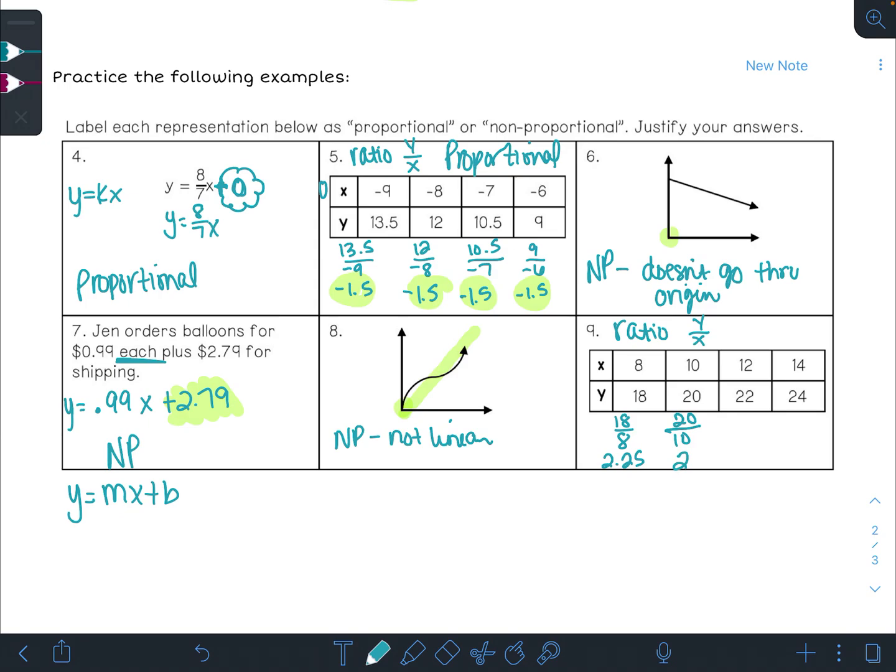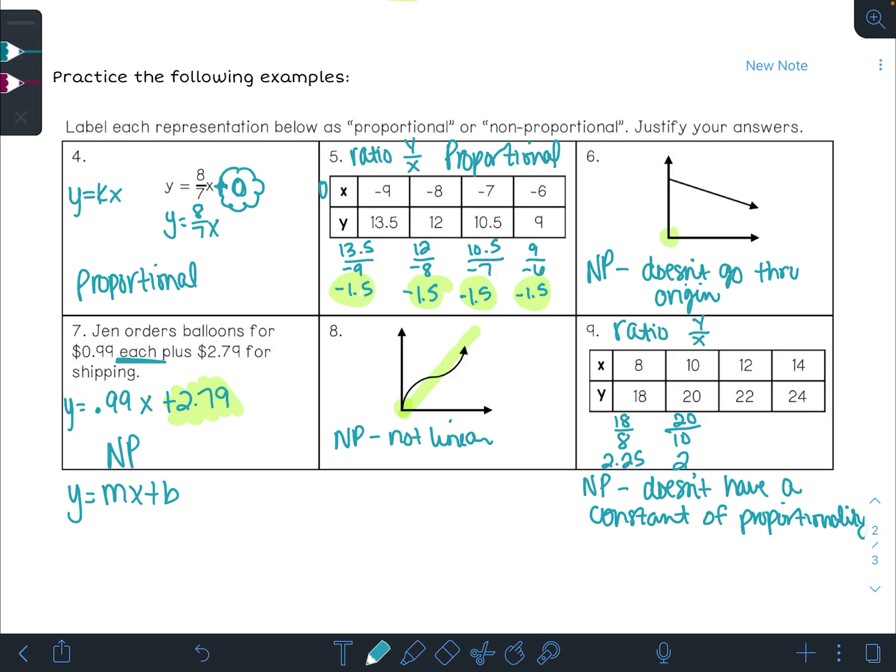It doesn't have that constant ratio. So I don't even have to continue because I know that it is going to be non-proportional because it does not have a constant of proportionality or a constant rate of change, kind of the same thing.